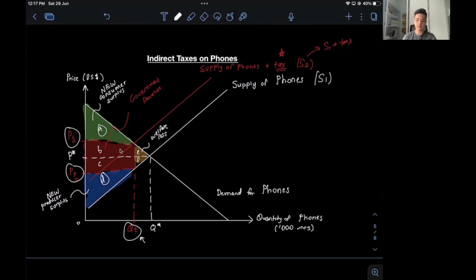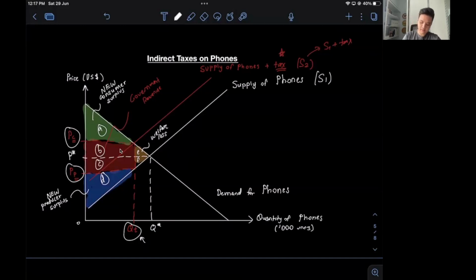And this is reflected in the diagram as the combination of areas B and C, this red shaded rectangle, as we have identified earlier. So consumers lose area B, producers lose area C, and this is gained by the government in this diagram.